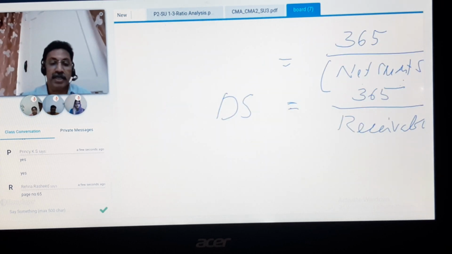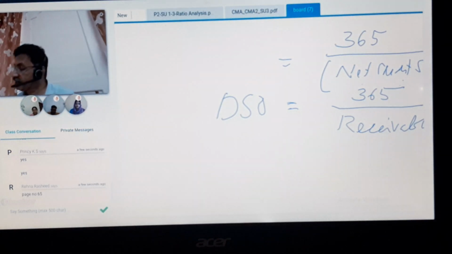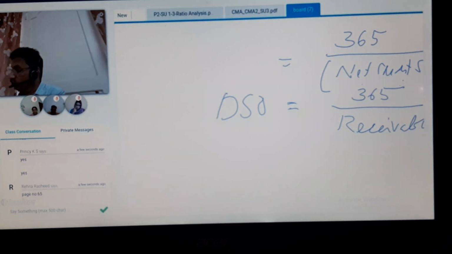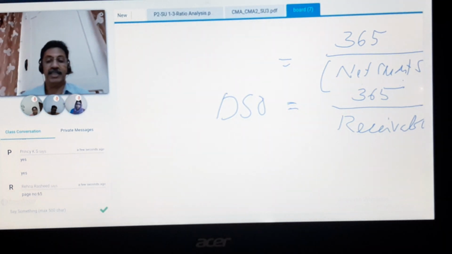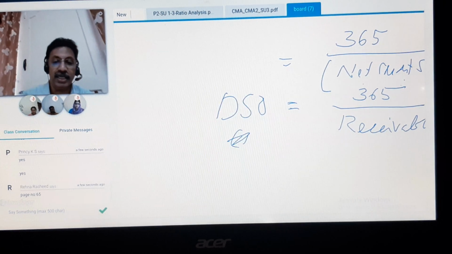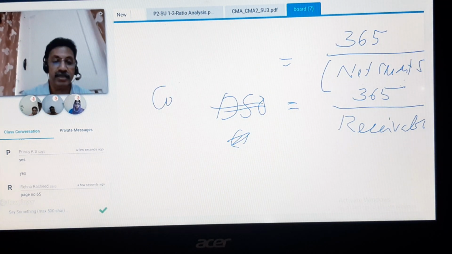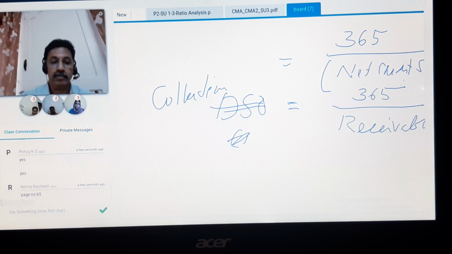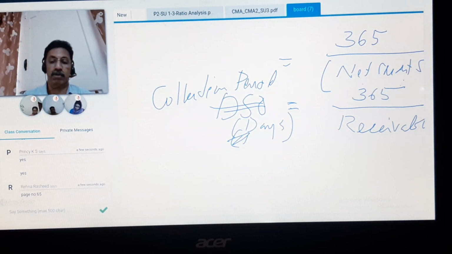So collection period is equal to 365 divided by receivable turnover. If you want it in days, you have to divide 365. So this is in days. This is days sales outstanding, this is the collection period. Number of days in the year divided by receivable turnover ratio, right?